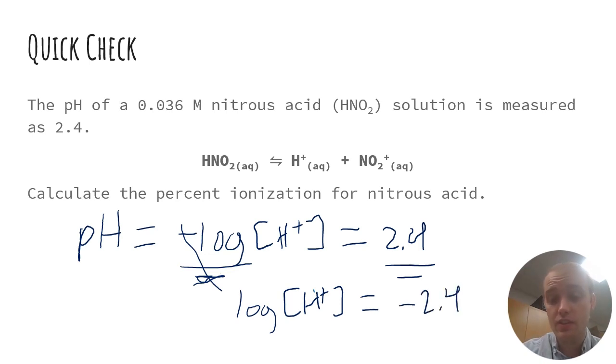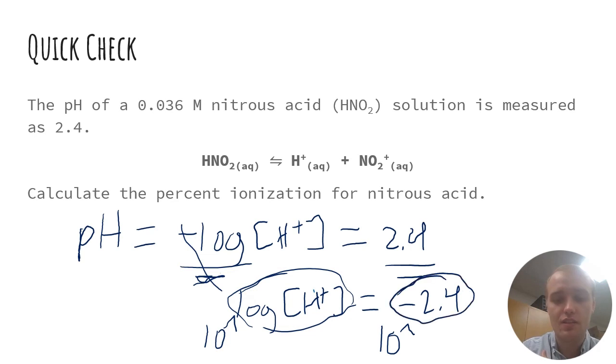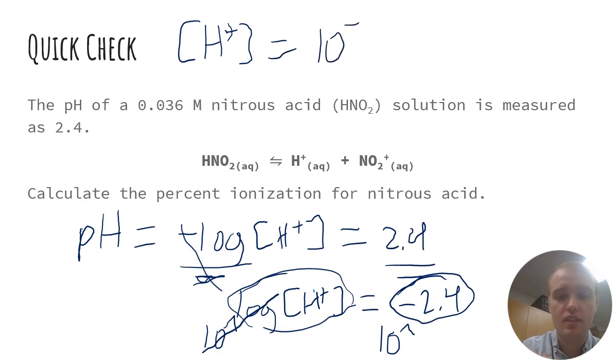And then to get rid of this log base 10, I have to make 10 my base. In other words, this becomes an exponent, and this becomes an exponent. And so the 10 log right there cancels out. My concentration of H+, which I'm going to do up here, is now going to be equal to 10 to the negative 2.4.